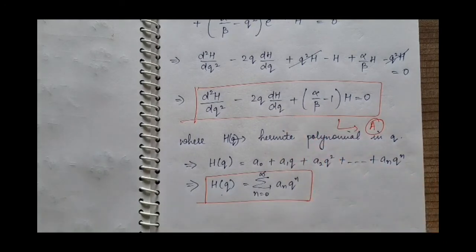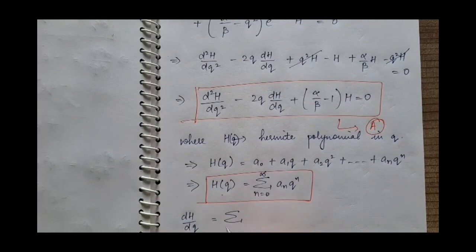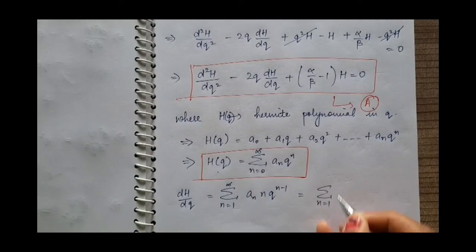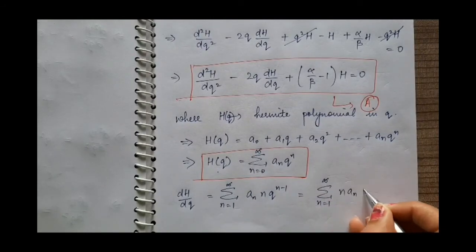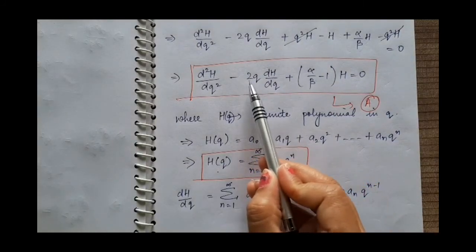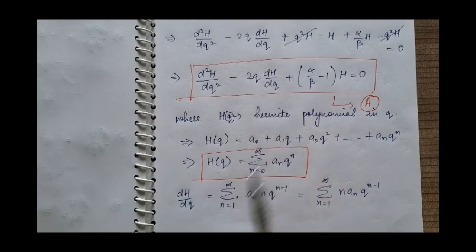Then find dh by dq. What will be dh by dq? dh by dq will be summation n varies from 1 to infinity a_n, and differentiation of q raised to power n will be n q raised to power n minus 1. So it is summation n varies from 1 to infinity n a_n q raised to power n minus 1. And here we have 2q dh by dq, so multiply this equation on both sides by 2q.